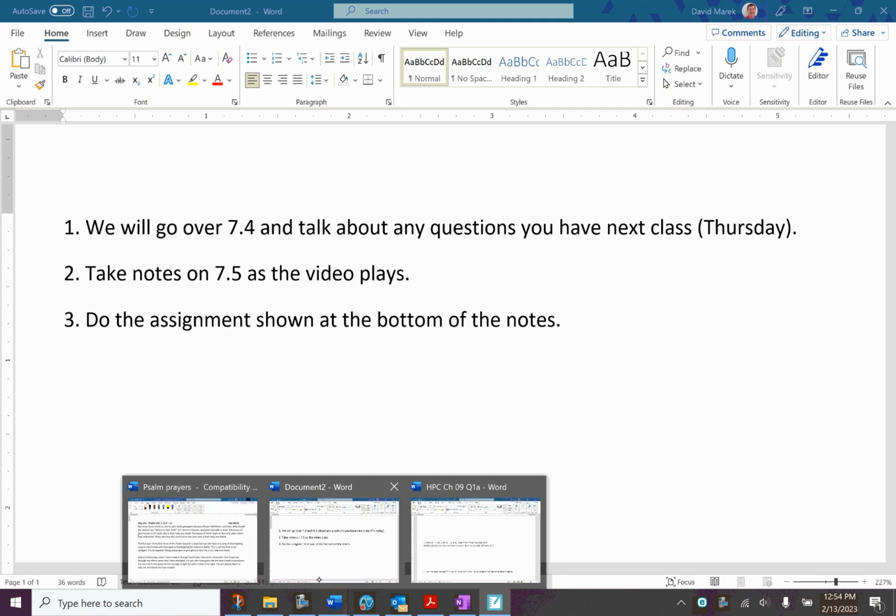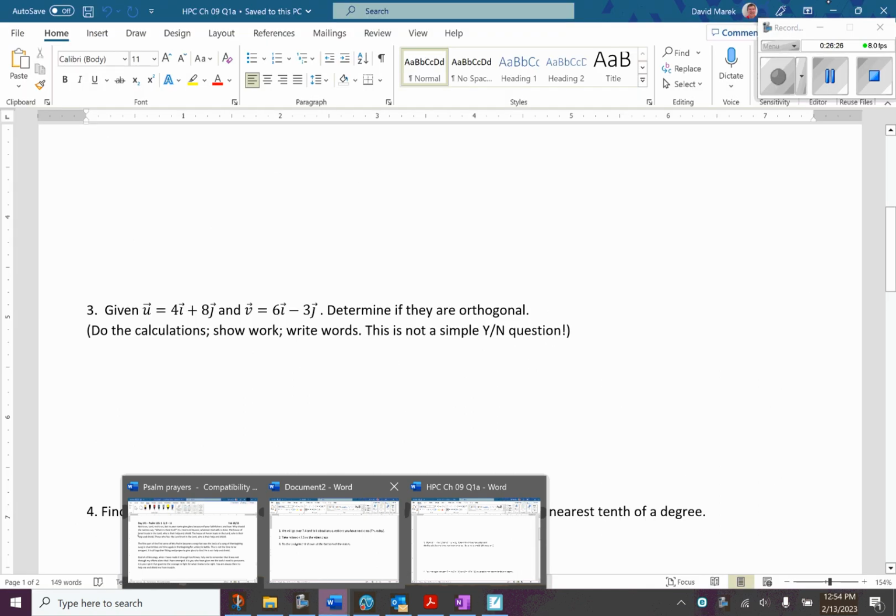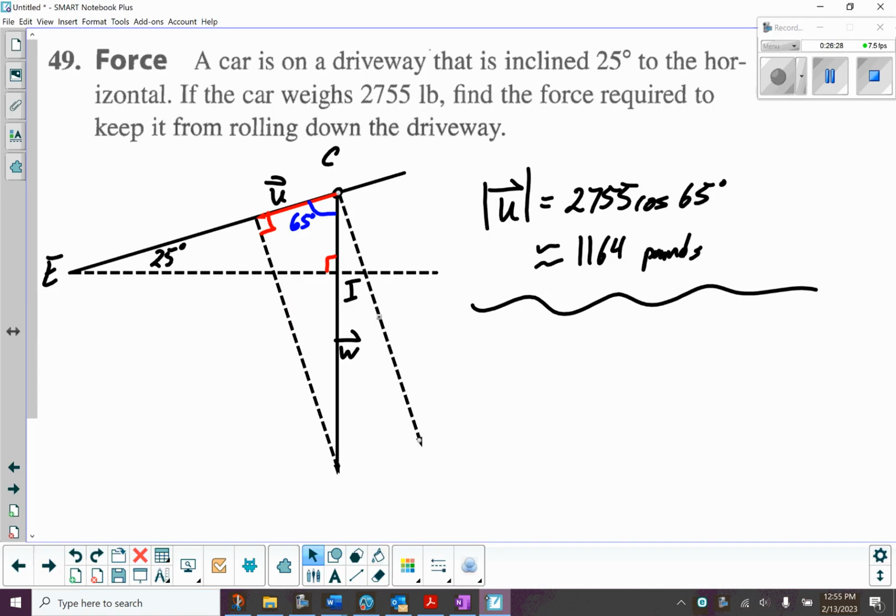Again, how do parallelograms work? When doing the calculation here for vector v, so that it is perpendicular to vector u.